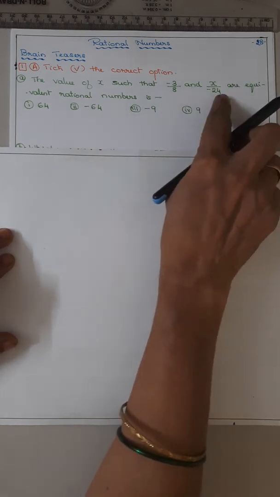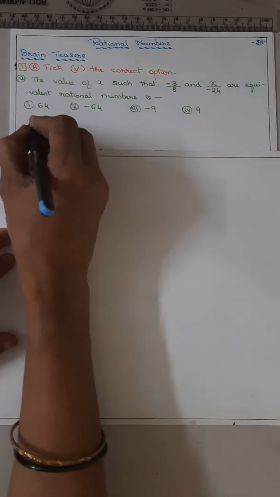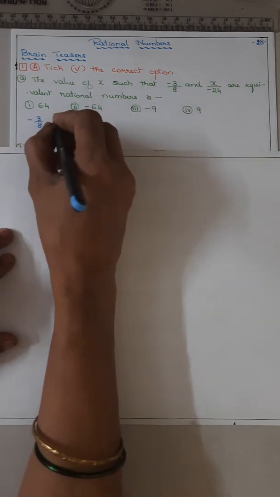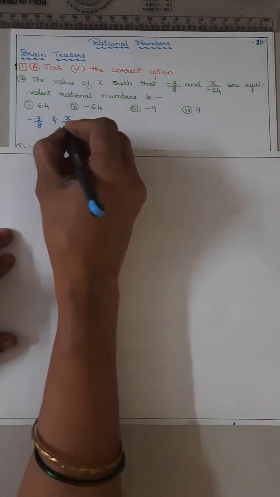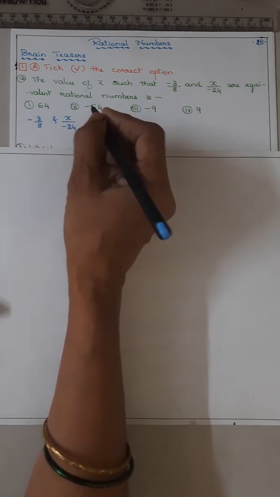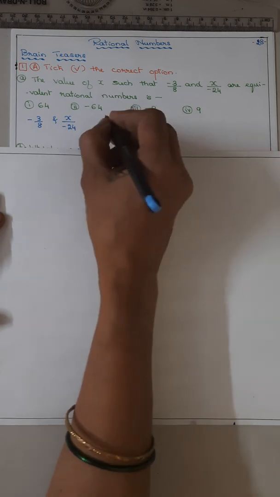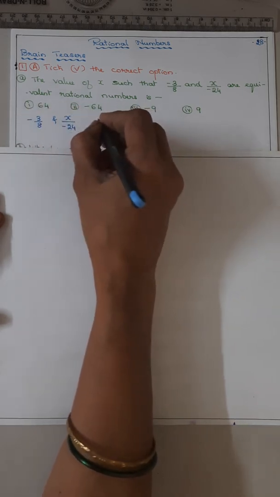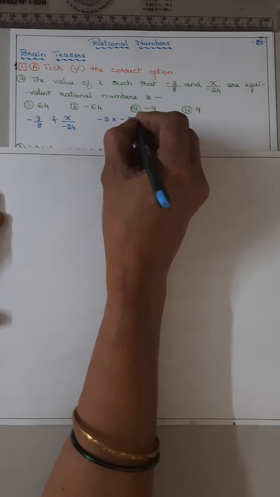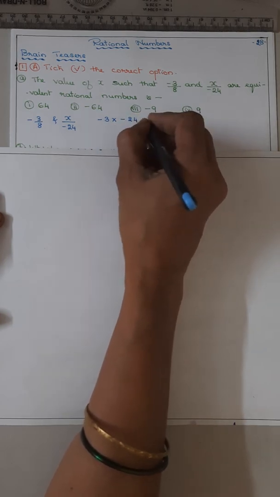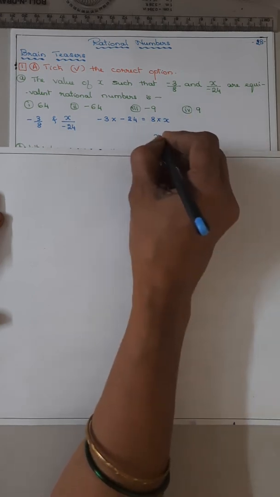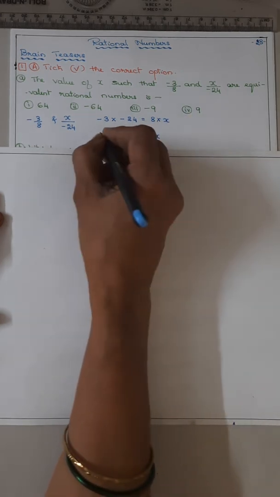So which are the two rational numbers? Minus 3 by 8 and x by minus 24. So, the cross multiplication: minus 3 into minus 24 is equal to 8 into x. Keep x on the right side.